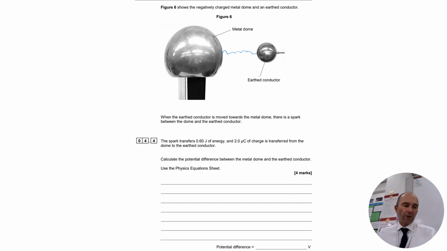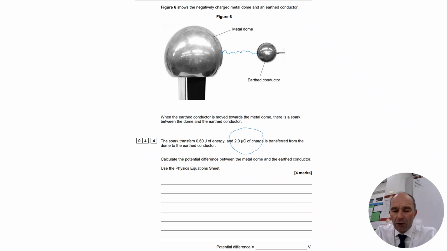Now this is worth 4 marks, so we should be a little bit suspicious. Now hopefully the bit that stands out here is the fact that we've got 2 microcoulombs of charge. Now that's clearly shouting out that it needs converting. We need to convert it into coulombs. So micro means a millionth.